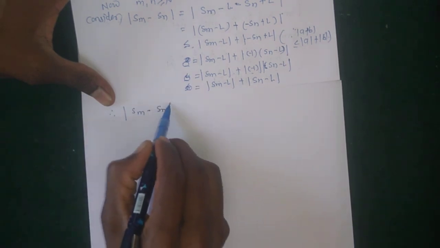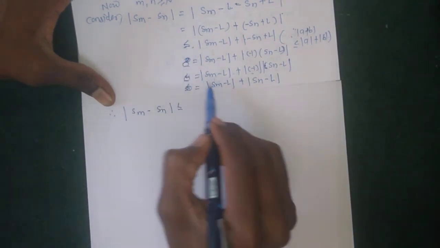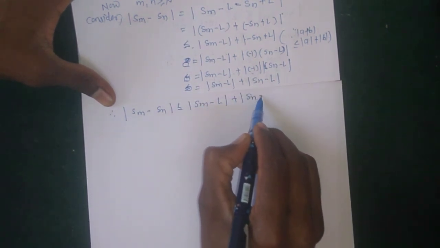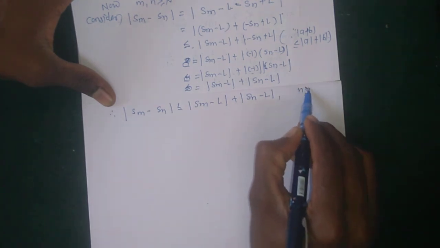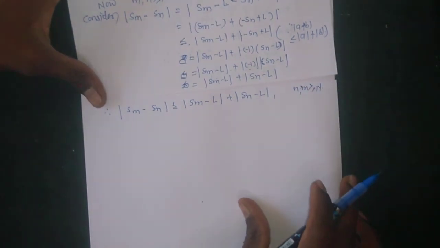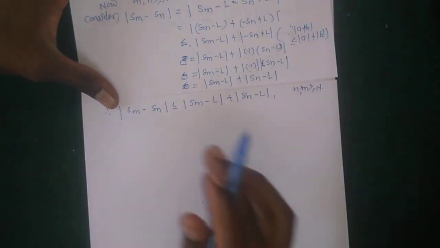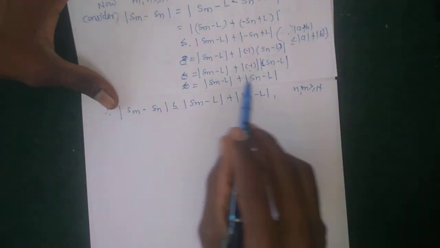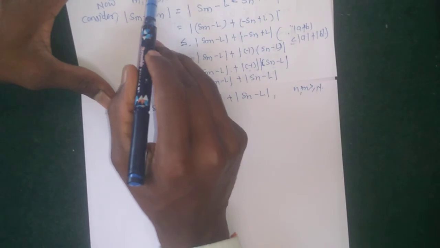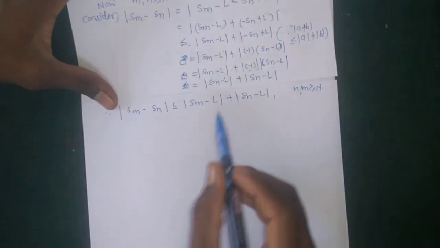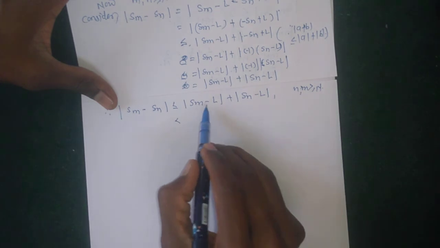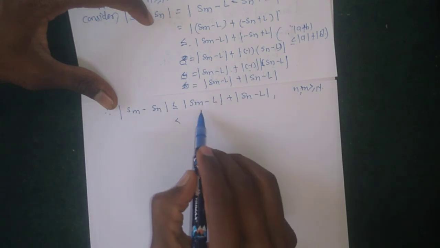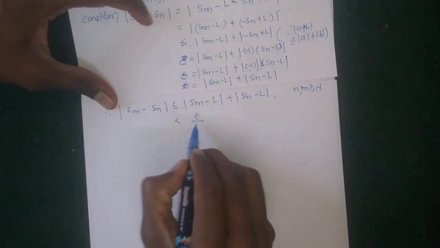mod Sm minus Sn is less than or equal to mod Sm minus L plus mod Sn minus L for all n, m greater than or equal to N. But the value Sn minus L is strictly less than epsilon upon 2. Similarly, taking m, Sm minus L, this is also a term of the given sequence, so it is also less than epsilon upon 2.